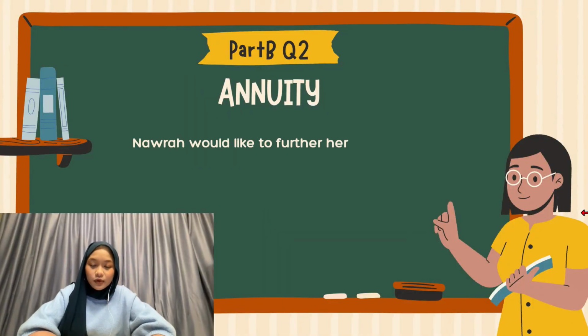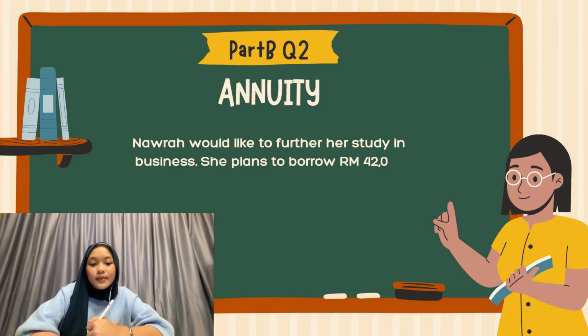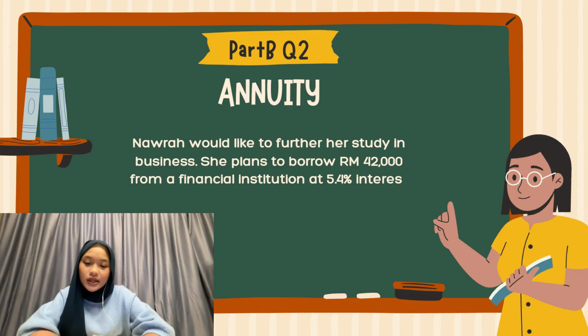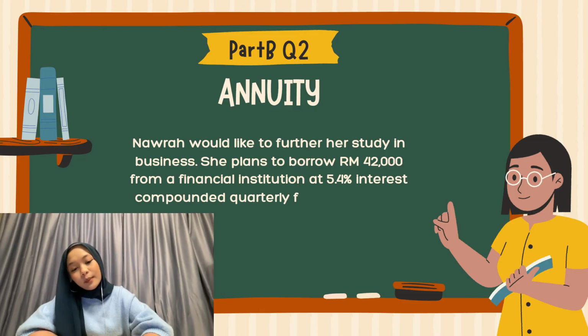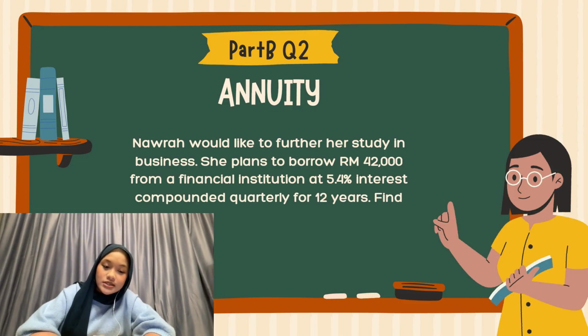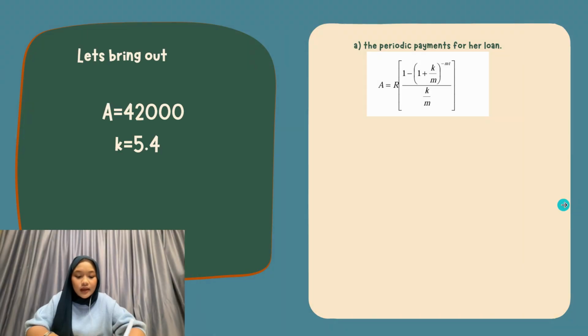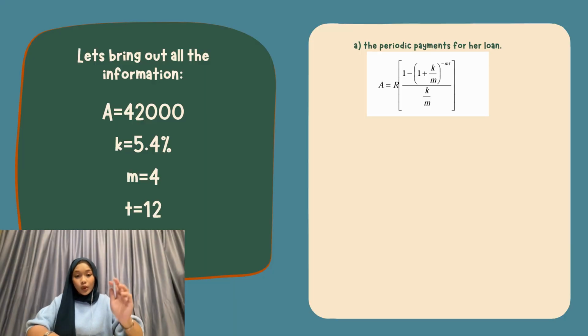Okay. So question 2 is about Nara would like to further her study in business. She plans to borrow RM42,000 from a financial institution at 5.4% interest compounded quarterly for 12 years. A equals to 42,000, K equals to 5.4%, M equals to 4, and T equals to 12.